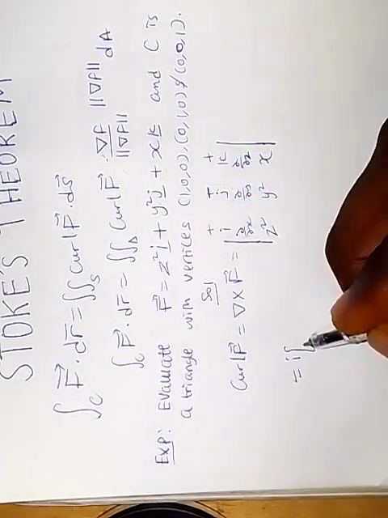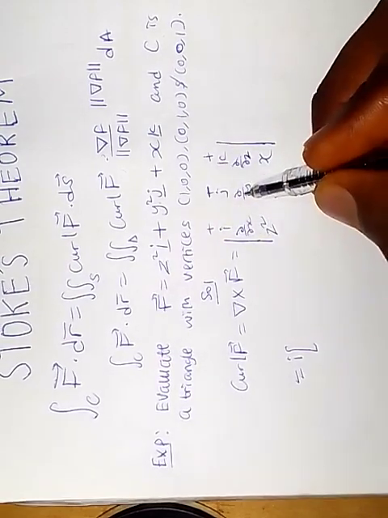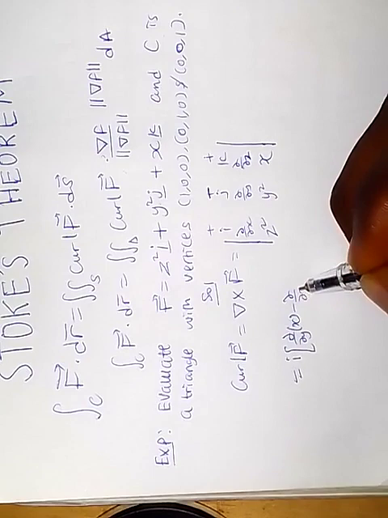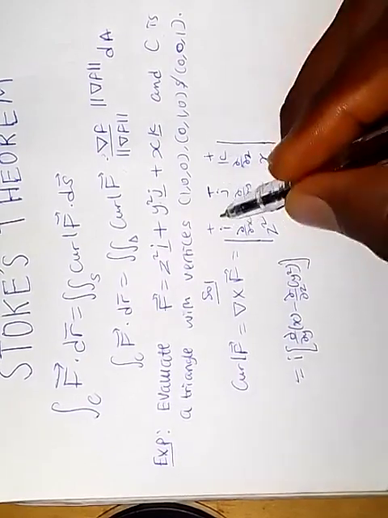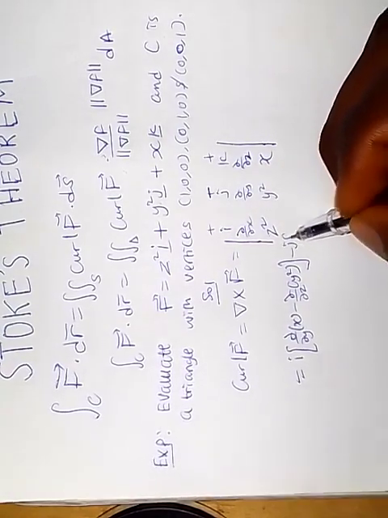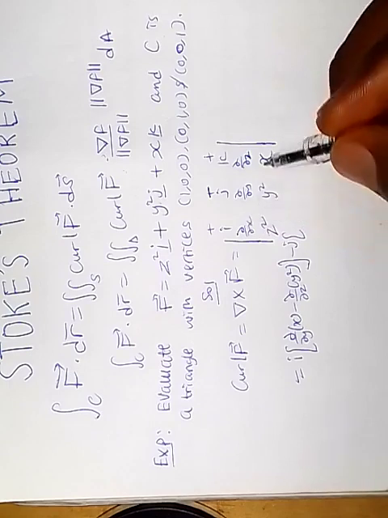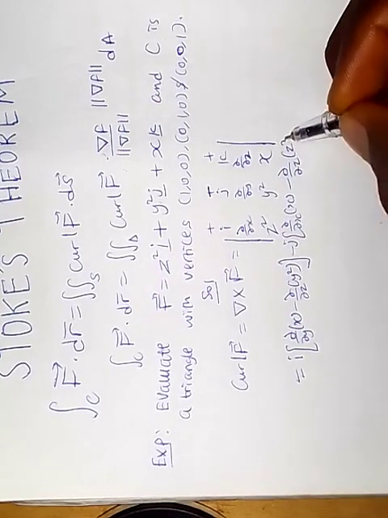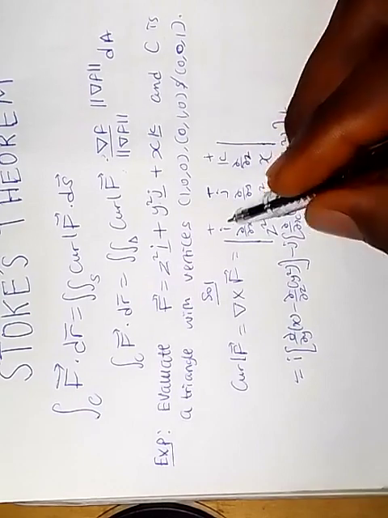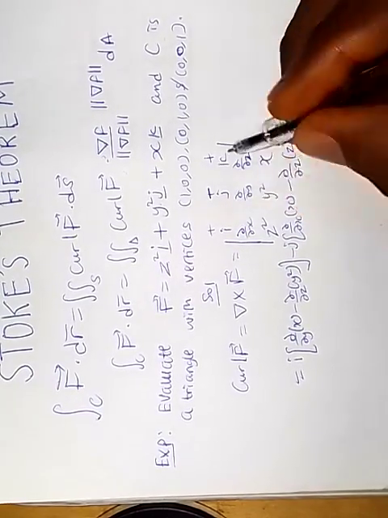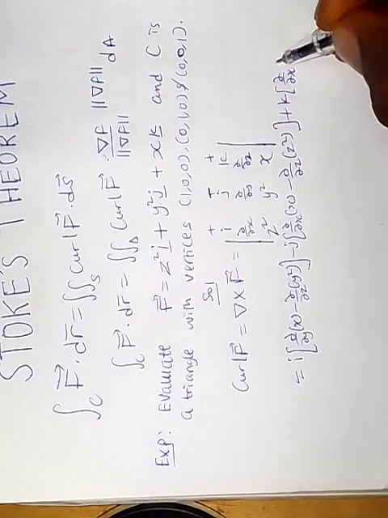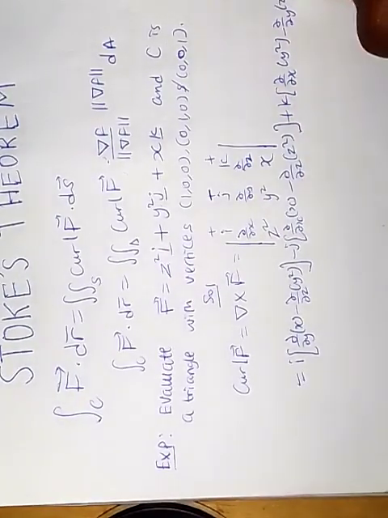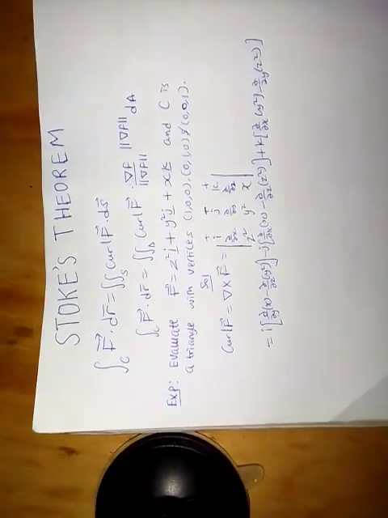So we have the i component here: we have partial y of x minus partial z of y squared. Also for the j component, we have partial x of x minus partial z of z squared. Plus k, we have partial x of y squared minus partial y of z squared. So we have that.